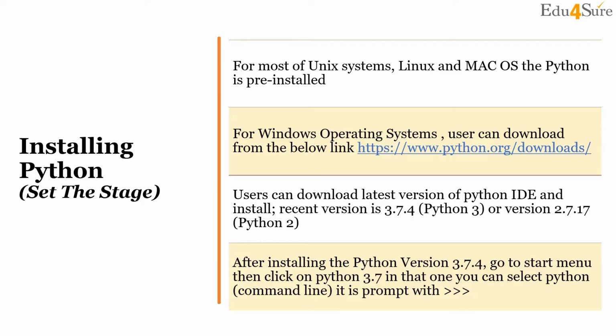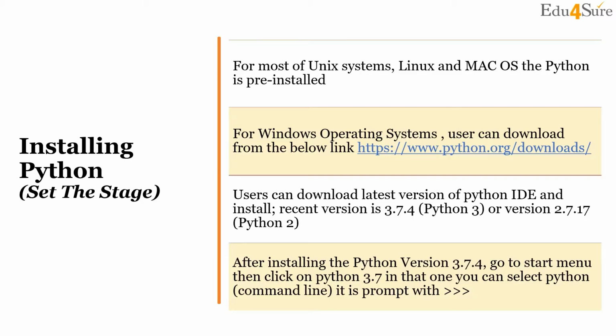The latest version of Python IDE can be easily installed by navigating to the downloads page of python.org. The recent version may be 3.7.4, 3.8.0, or the latest 3.9.6. Python version is specified by the first character of its version number.